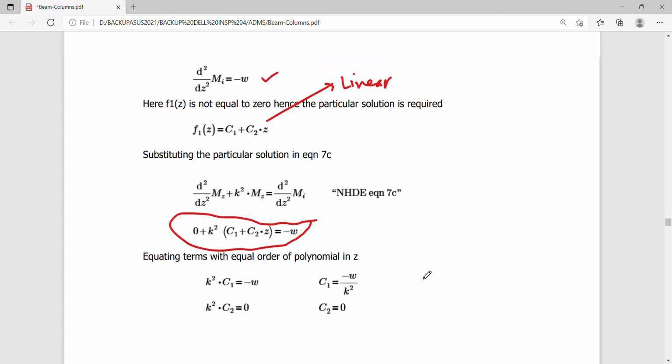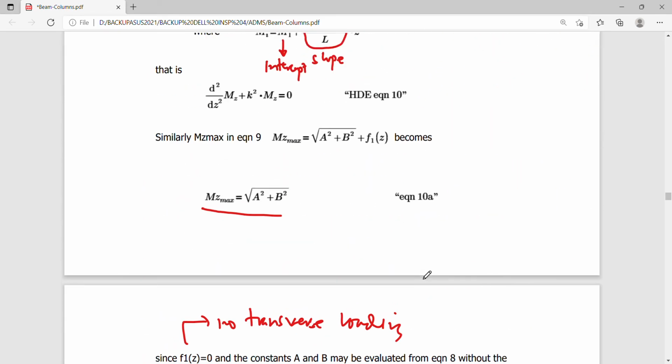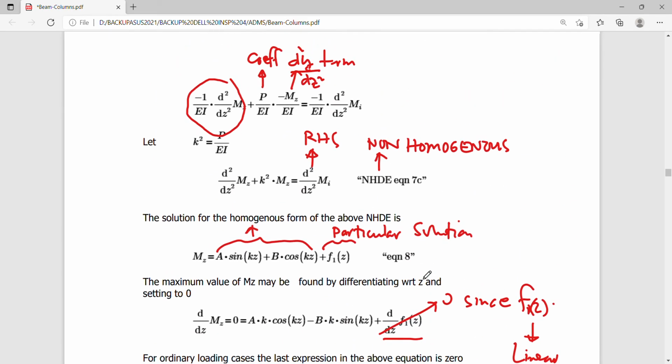So equation 7c, if we want to look into it, you just refer to the numbering I made here so that you will not be confused. So I'm referring to this non-homogeneous equation, no? So this is our starting point here.